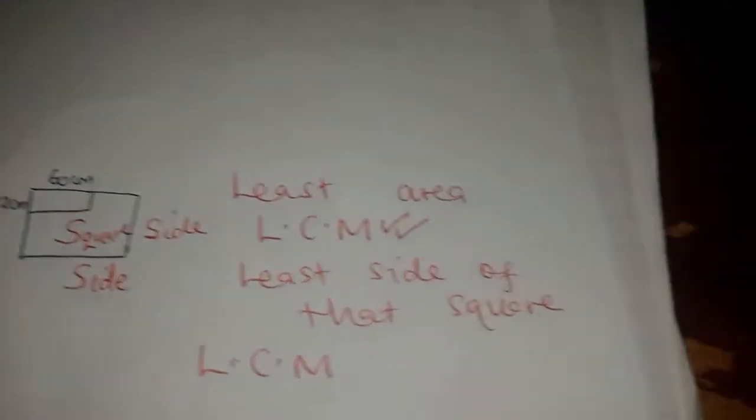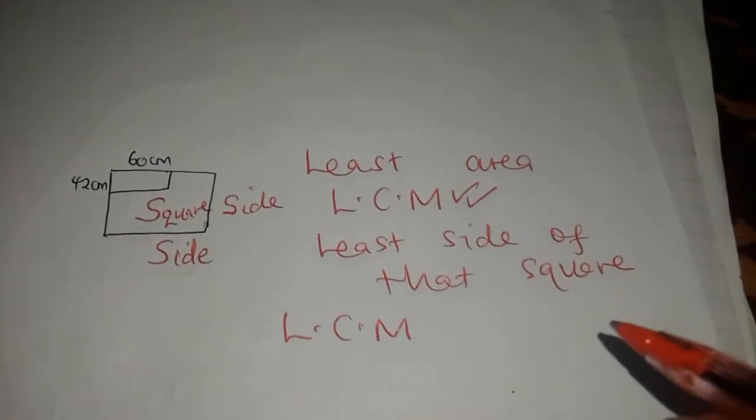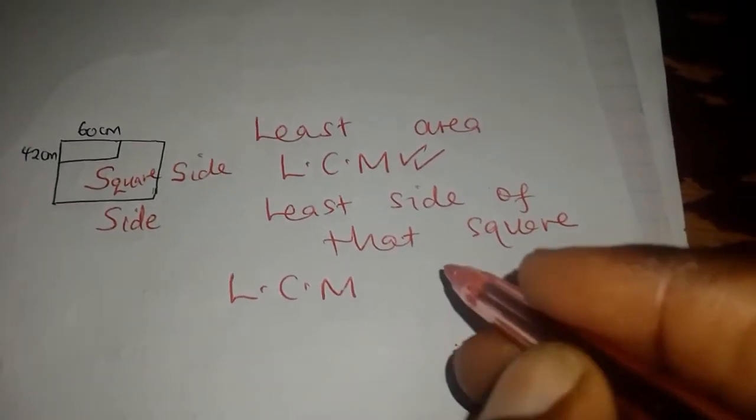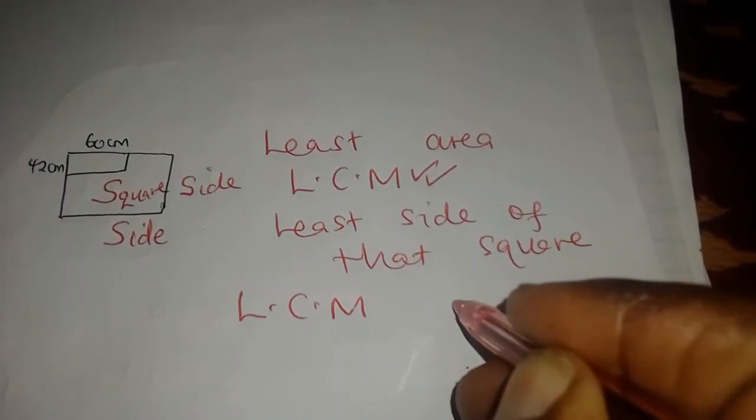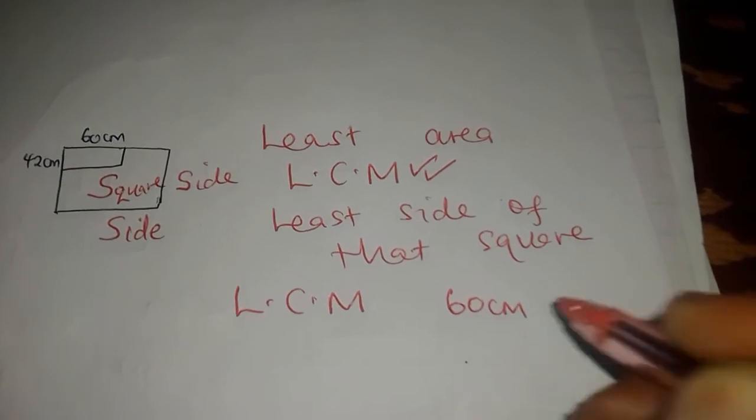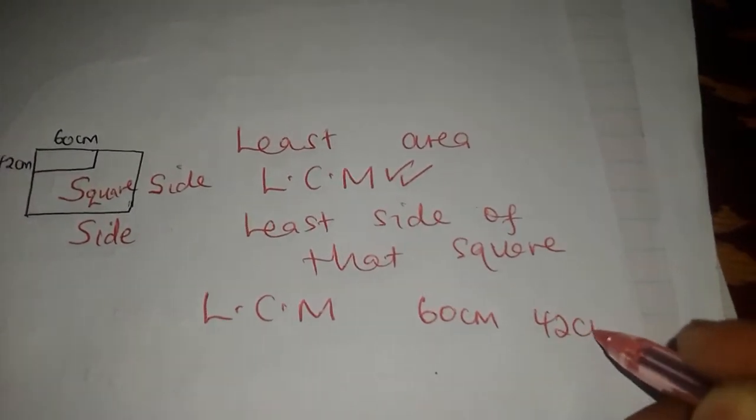So how do I get the LCM? I'm going to take the measurements of a single rectangular slab: 60 centimeters and 42 centimeters.